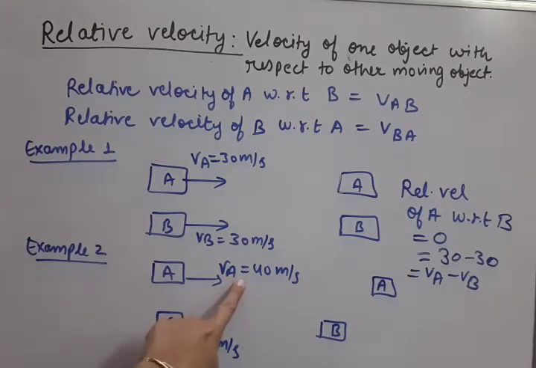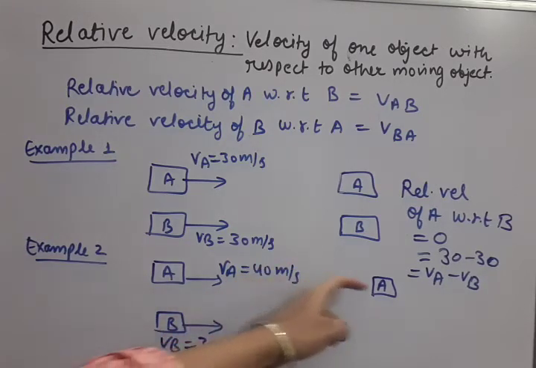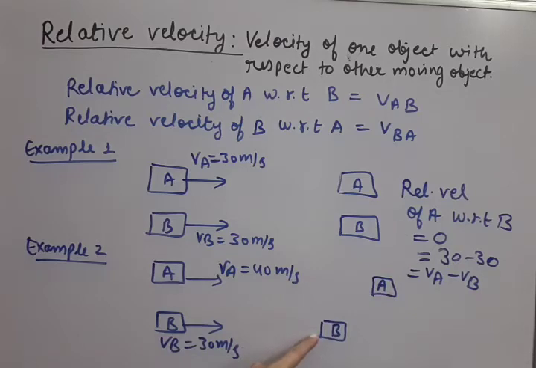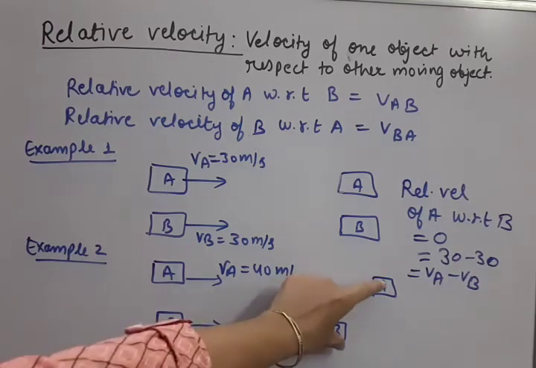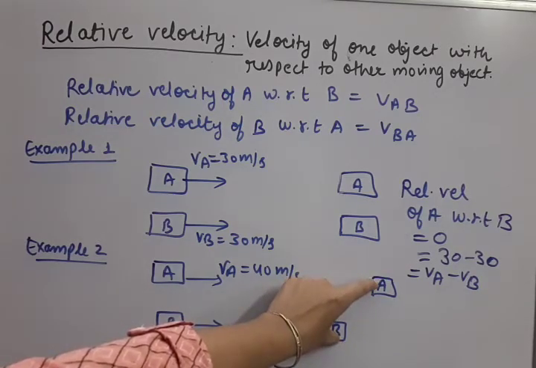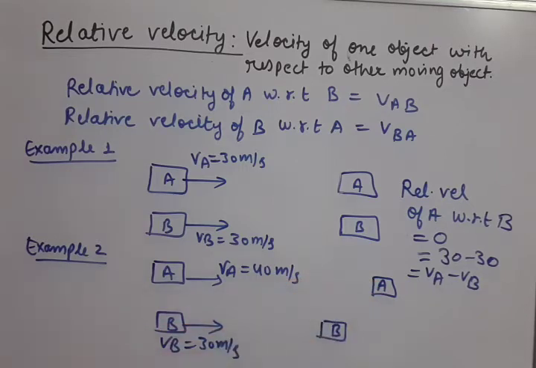A is faster, B is slower, so A will go ahead and B will stay behind. So that means they have got a relative speed with respect to each other. What is the rate of change of position of A with respect to B now? Is A changing position with respect to B at 40 speed?